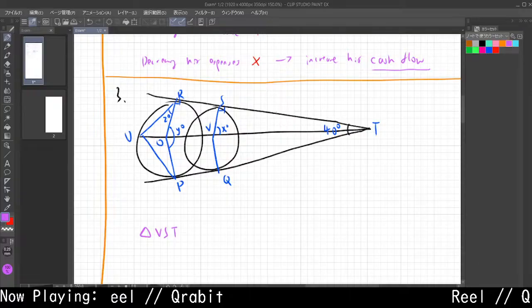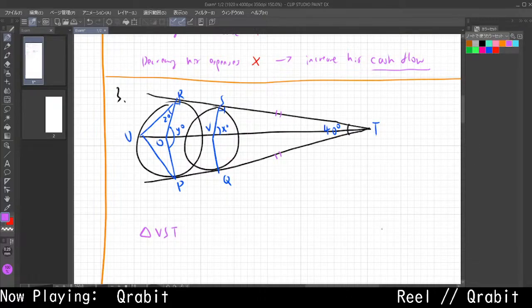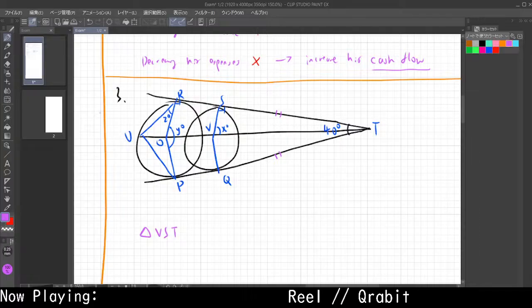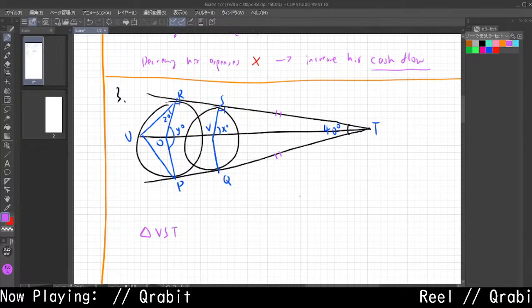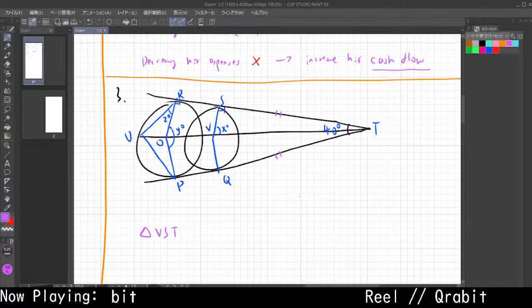So in this case, your ST and your QT will be the same length. Same goes for your RT and PT. Therefore, by extension, RS and PS are also equal to each other. So it's basically a gigantic isosceles quadrilateral, I suppose. Yeah, because it's also 90 degrees.